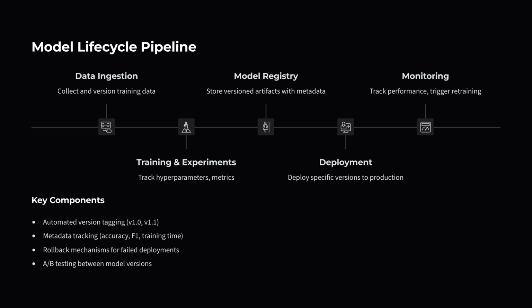Model lifecycle pipeline. The lifecycle feels like a smooth, looping choreography. Data enters like raw ingredients, each version tagged for traceability. Training becomes the kitchen, capturing the recipe, metrics, hyperparameters, and lineage. The registry is your pantry, every trained model on a clearly labeled shelf.